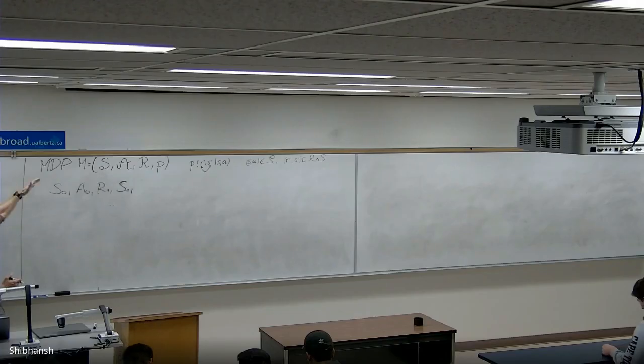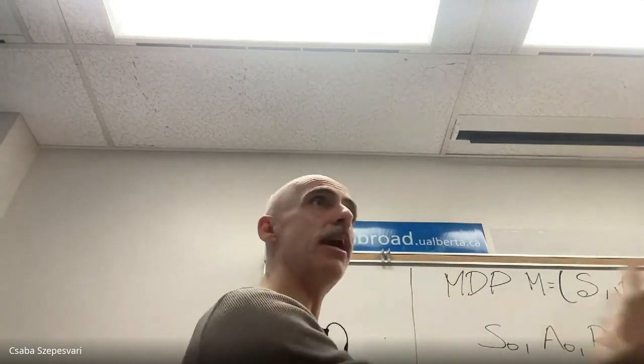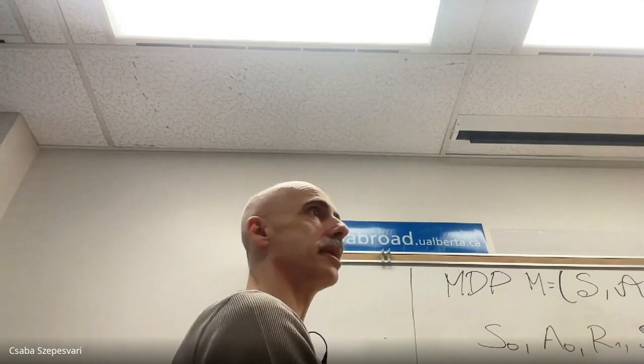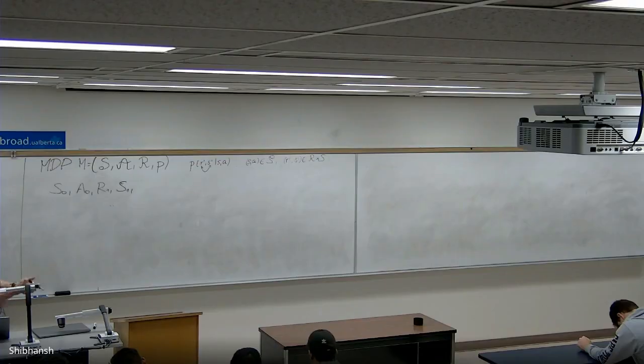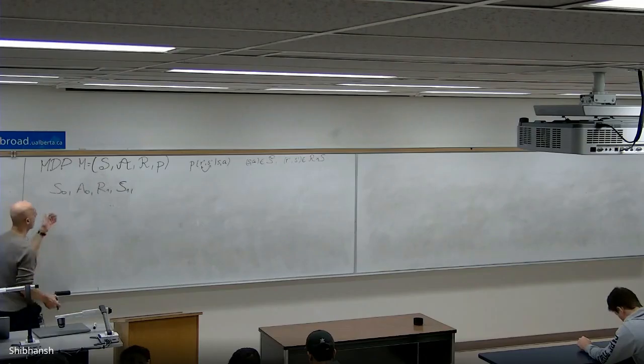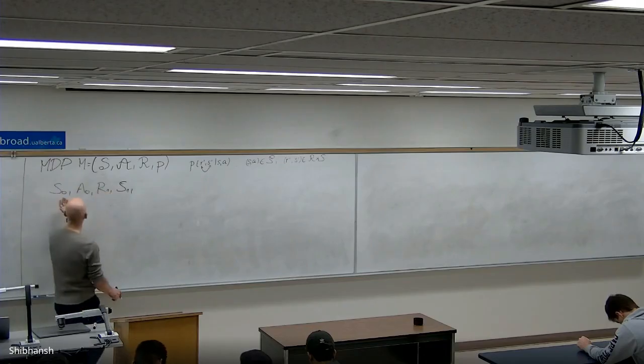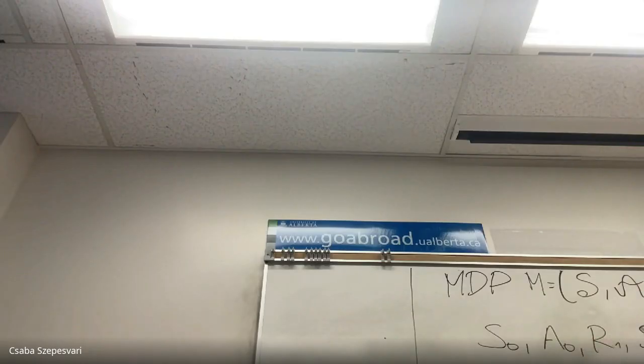This M, together with a way of acting, induces a probability distribution, and you get the sequence of states, actions, rewards, next states, and then it continues: the next action, next reward, next state, and then repeat.